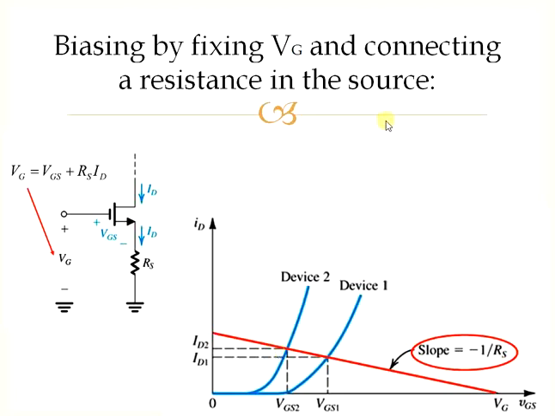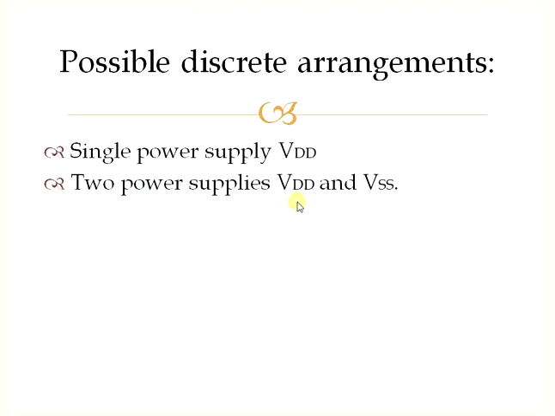Compared to the previous technique in which we fix VGS, here the variability in ID is much smaller. Also, the variability decreases as the gate voltage VG and the source resistance RS are large, providing a bias line that is less steep. Next, let us look into the possible practical discrete implementations.